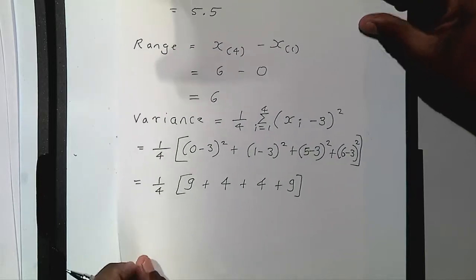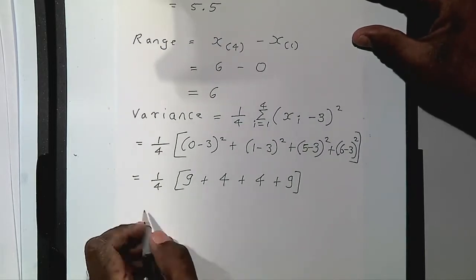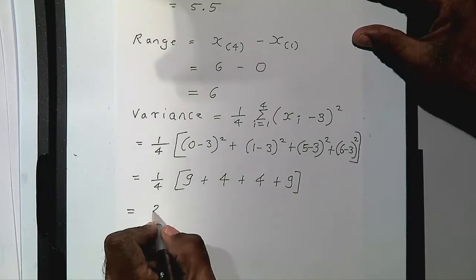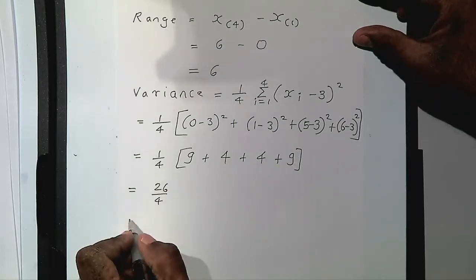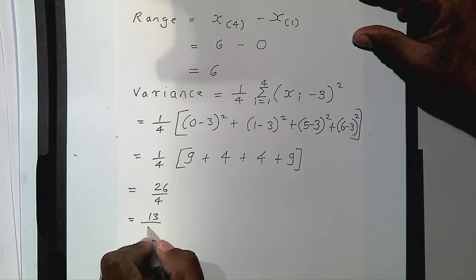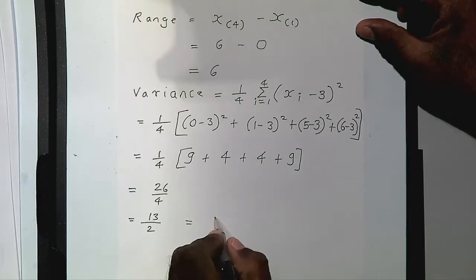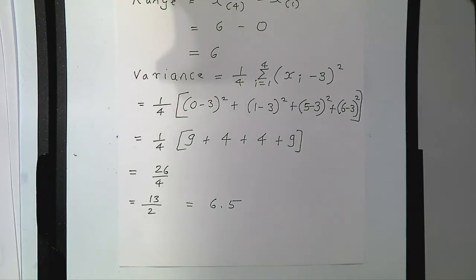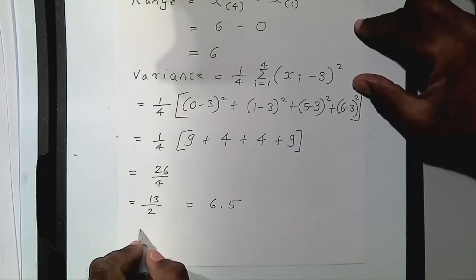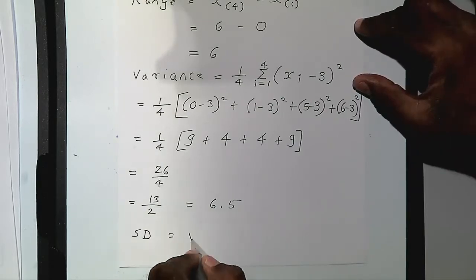So it's going to be 18 plus 8 is 26 divided by 4, which is 13 divided by 2, which is 6.5. Correct me if I'm wrong. Sometimes I can't even do simple arithmetic correctly. So, all right, and finally the standard deviation is simply the square root of 6.5.